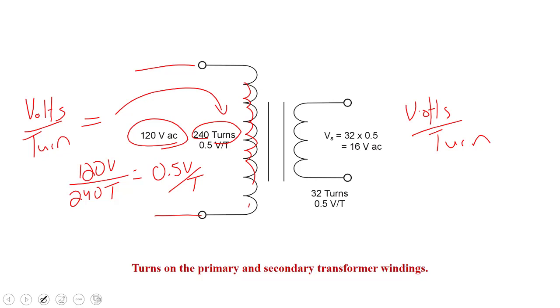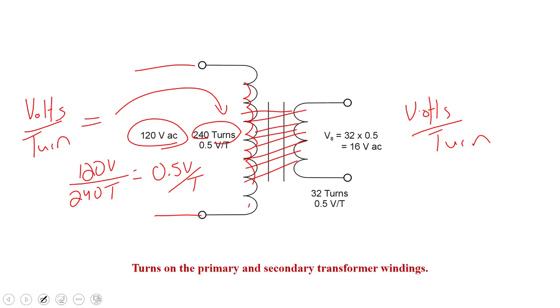So we have half of a volt drop per turn on the primary. Well, that voltage, that 0.5 for every one turn, is exactly what gets induced on each turn on the secondary. So it induces that voltage through the core onto the secondary.